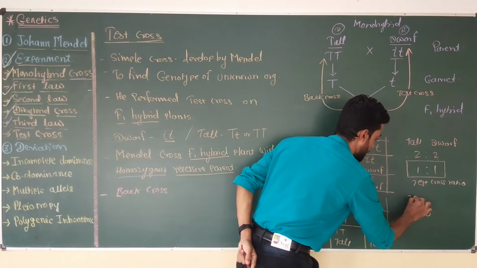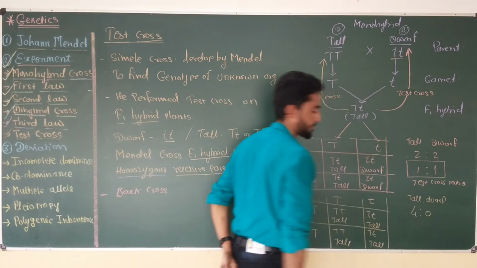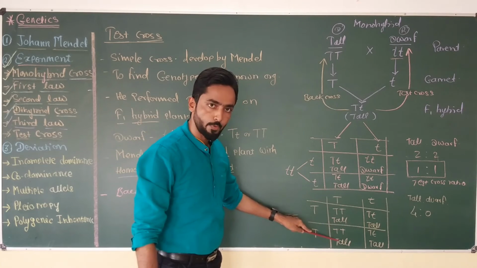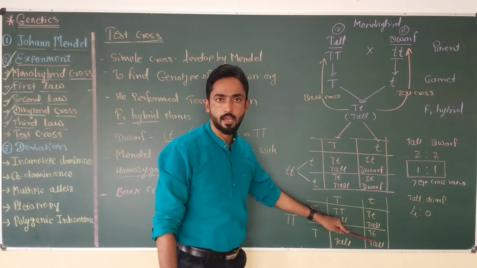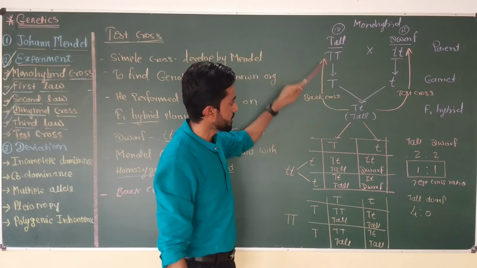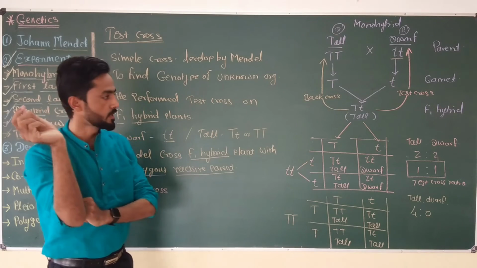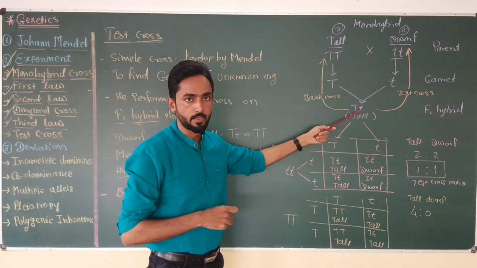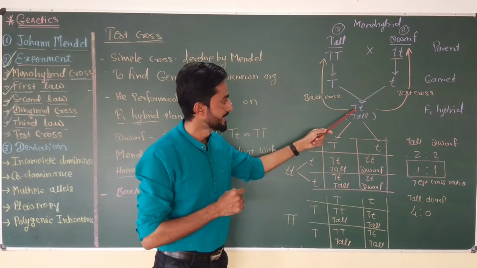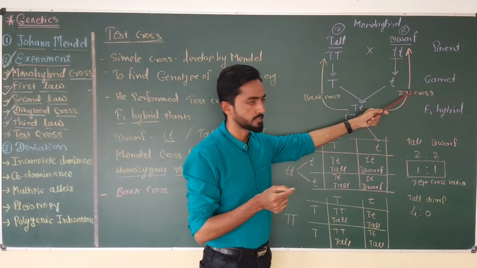All are tall, 4 tall, 0 dwarf. Okay, and out of these 4 tall, 50% are pure tall and 50% are hybrid tall. Okay, so this is the back cross. But by using this cross, if we cross F1 hybrid with the dominant parent, we cannot make any conclusion about the genotype of the F1 hybrid, because all plants are going to appear tall. So we have to cross the F1 hybrid with the recessive parent. Okay, it is called a test cross.